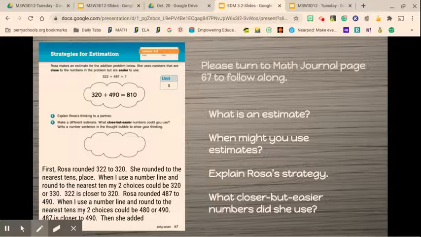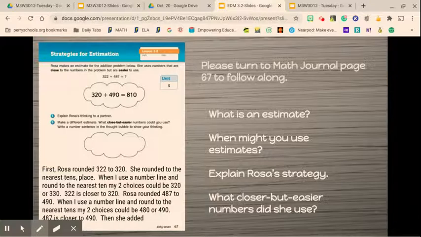When I use a number line and round to the nearest tens, my two choices could be 480 or 490. 487 is closer to 490. And then she added 320 plus 490 equals 810. So this is one way that she could estimate or find a close but easier number.